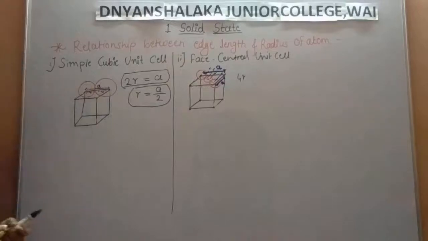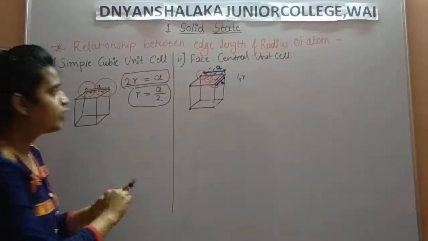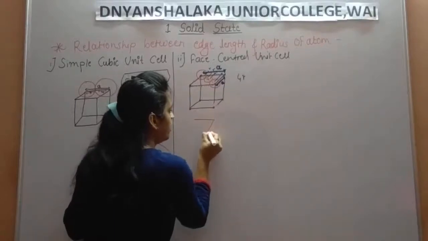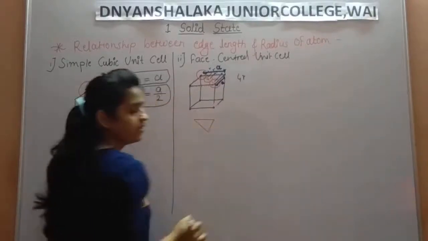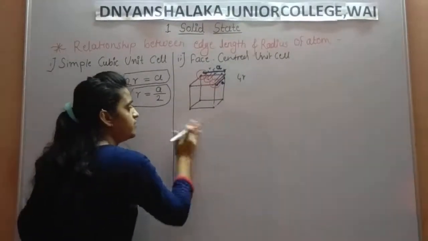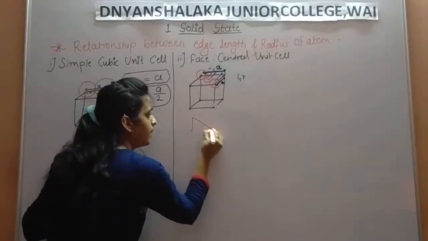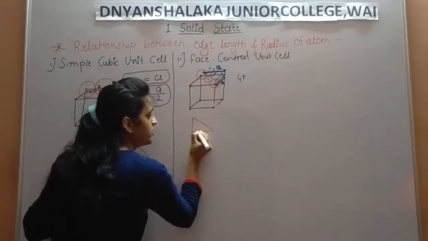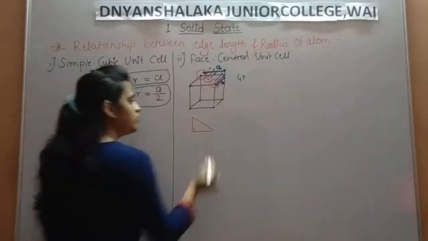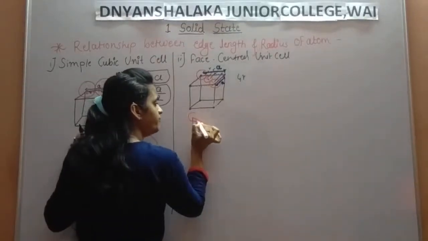According to the Pythagoras theorem, we draw a structure like this, a triangle. This is the Pythagoras theorem with our 3 spheres.